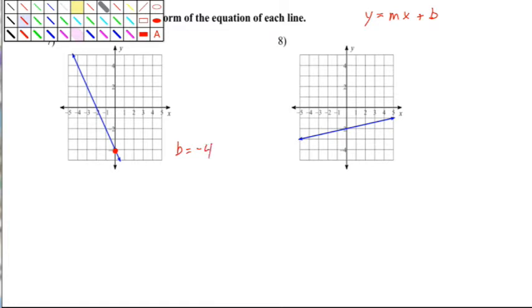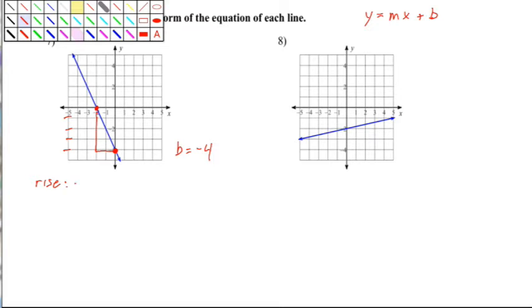Now we need to measure the slope. And we're going to try to pick another nice point on the graph where it crosses at a decent place to pick numbers from. And it looks like that is not a bad spot. So we're going to draw our triangle. And we see that our rise for this case is down. So it's going to be 1, 2, 3, 4.